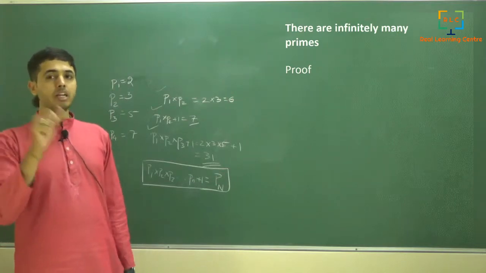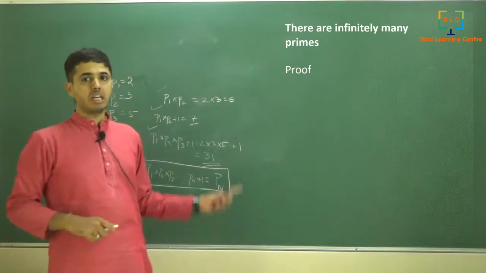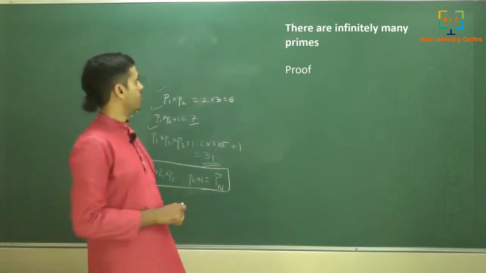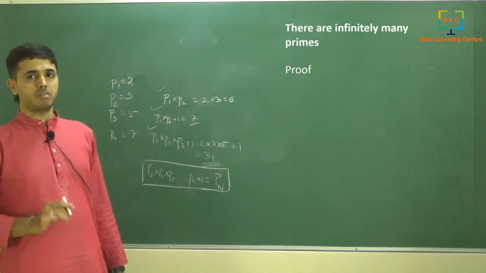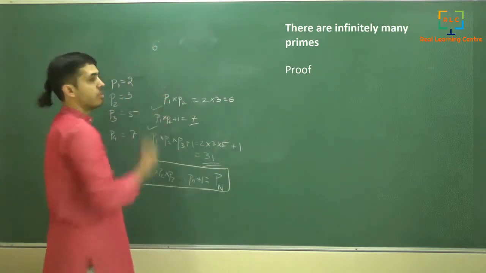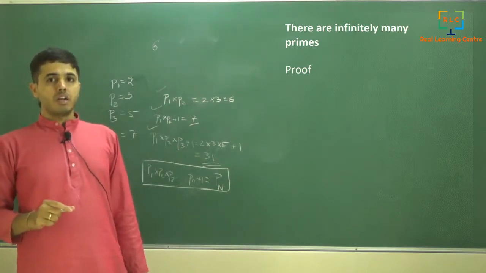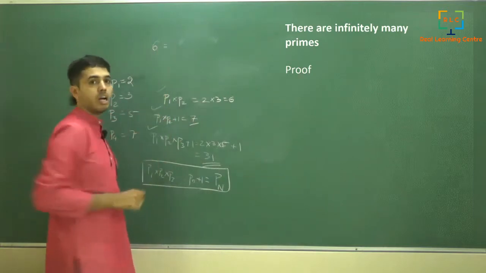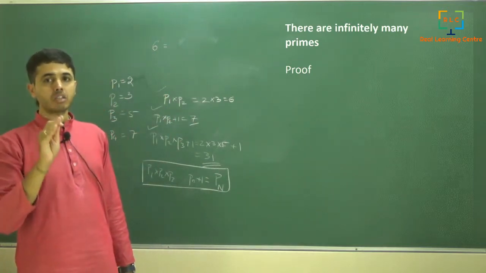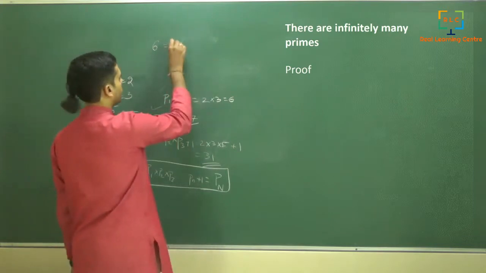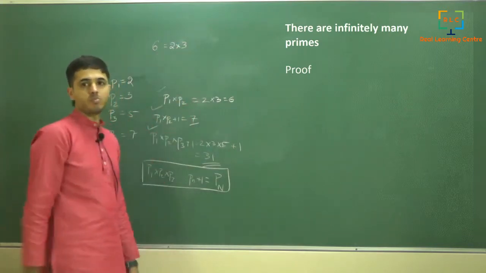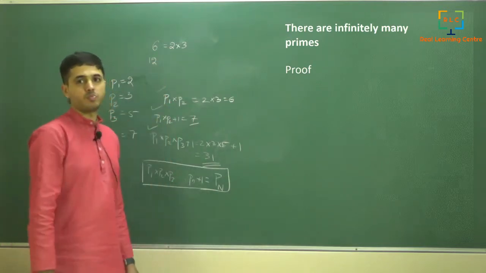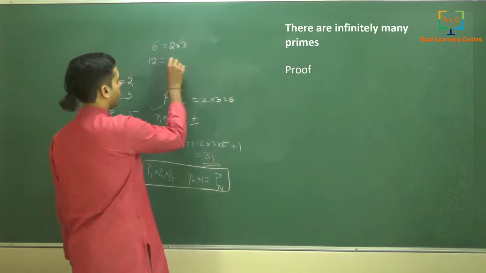And one important concept which I just mentioned at the beginning, Euclid's fundamental theorem of arithmetic. So what does it say? It says that you take any number, say for example I take 6, you can take any composite number, of course, you can always write it as product of prime numbers. Now for example you take 12, now how do you write 12? 4 into 3.